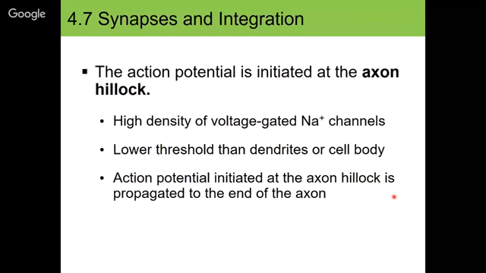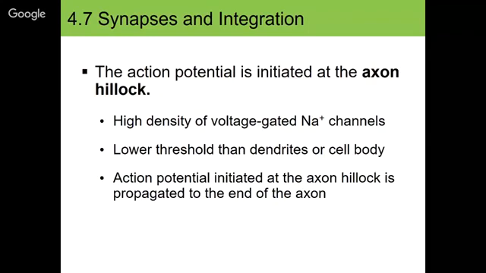So it turns out that the lowest threshold is present at the axon hillock, okay? Remember, the axon hillock is where the cell body of the postsynaptic neuron meets the axon. You have your axon hillock, and this region is where you have the lowest threshold.